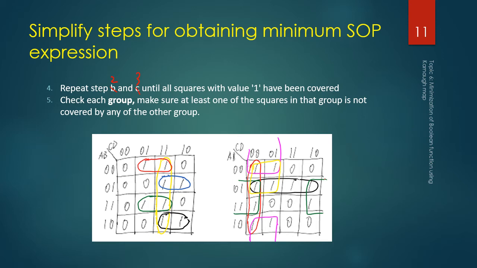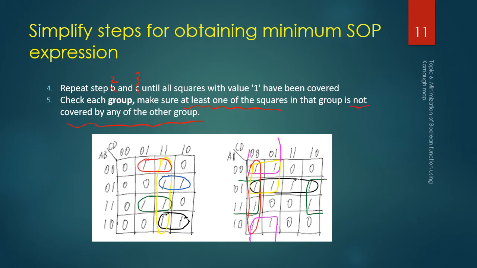Okay, but that's not the end. You still have one more step to check your groups. Make sure in each group at least one of the squares is not covered by any other group.